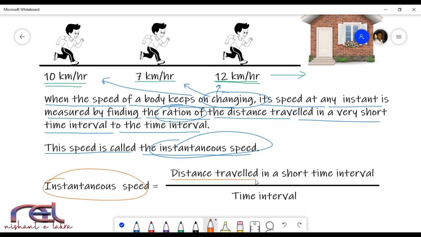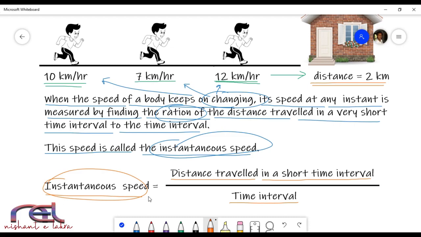Now, how can we calculate instantaneous speed? Distance traveled in a short time interval divided by the time interval. The distance that he covered is 2 kilometers from his playground or school to his home.